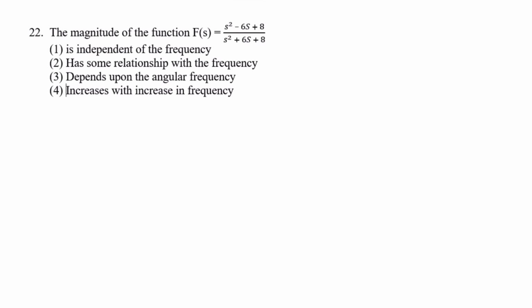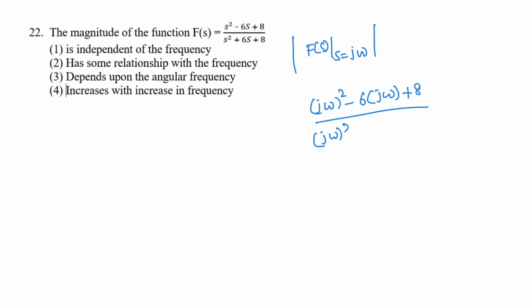Next question. The magnitude of the function F of s is given as s square minus 6s plus 8 by s square plus 6s plus 8. So the magnitude for this, F of s at s is equal to j omega, is j omega square minus 6 j omega plus 8 by j omega square plus 6 j omega plus 8.